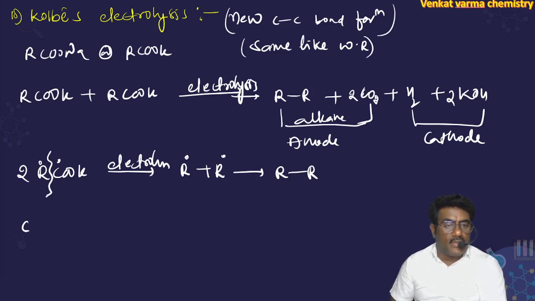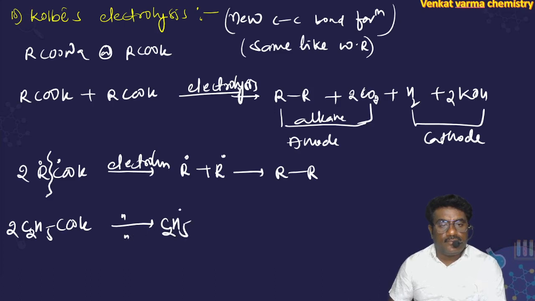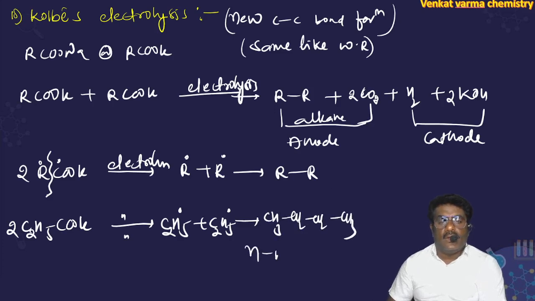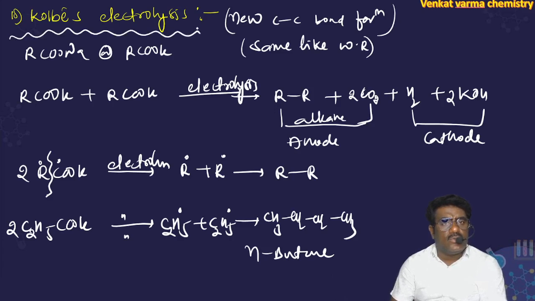If I am taking C2H5COOK, electrolysis gives C2H5 and C2H5, which combine as CH3CH2CH2CH3, n-butane, formed at the anode during the electrolysis process. This is about Kolbe electrolysis, the same as the Wurtz reaction.